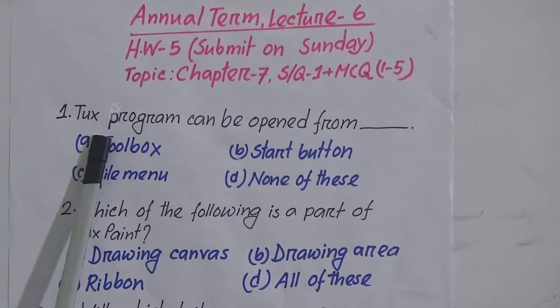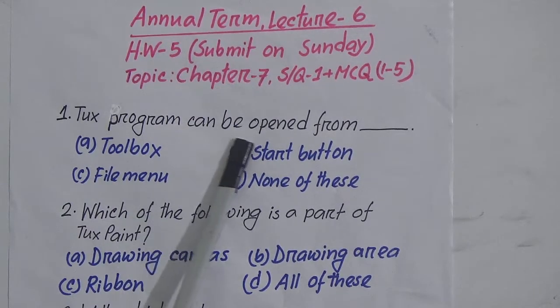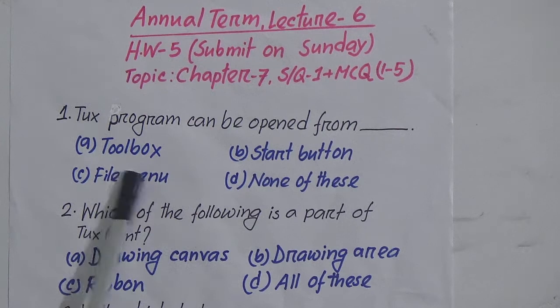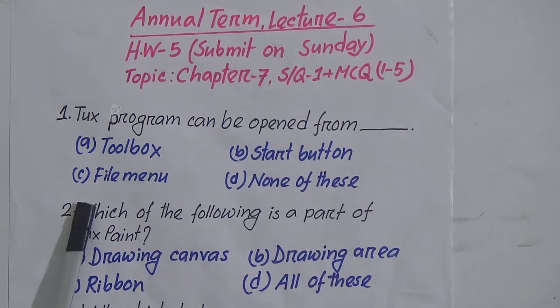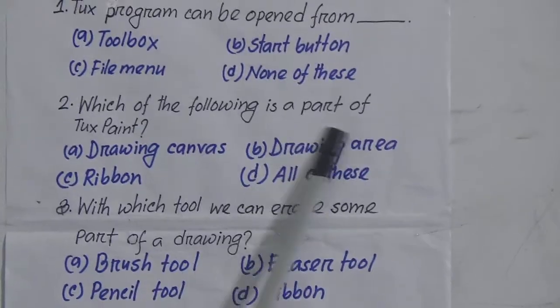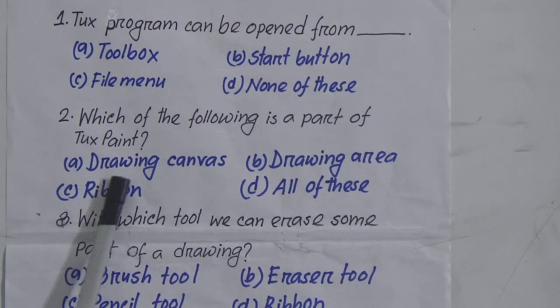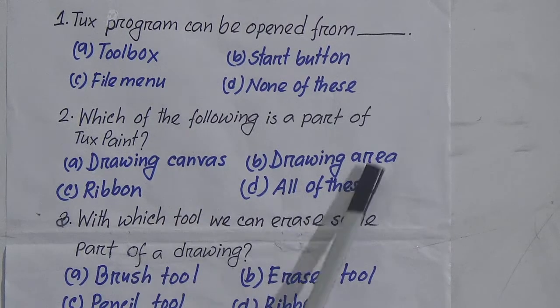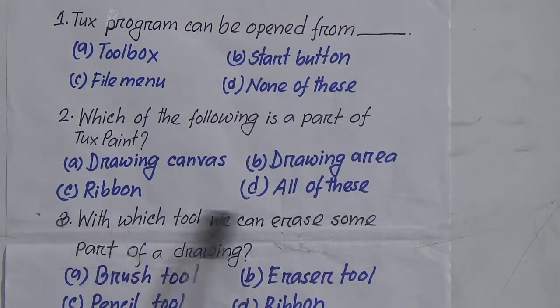I am repeating for the last time again. Number 1. Task Paint program can be opened from toolbox, start button, file menu, none of these. Number 2. Which of the following is a part of Task Pane? Drawing canvas, drawing area, ribbon, all of these. Number 3. With which tool can we erase some part of a drawing?